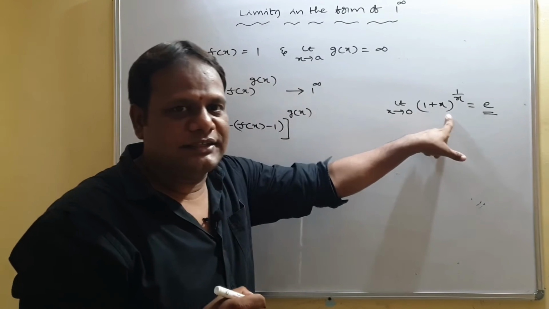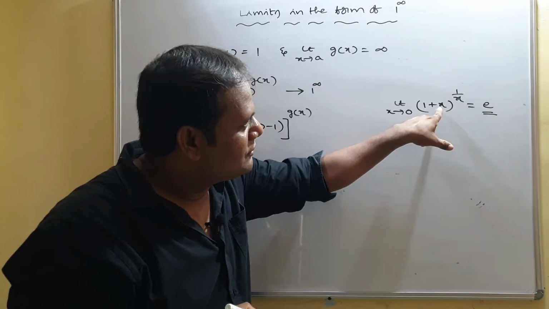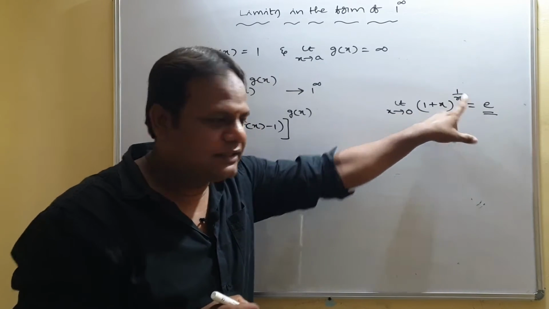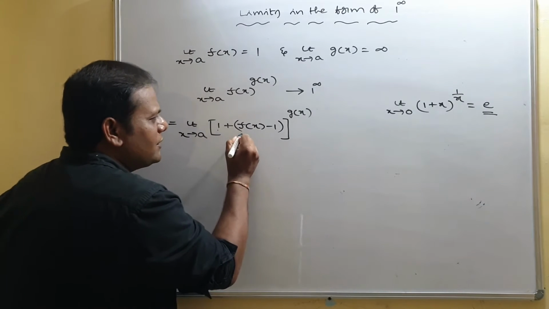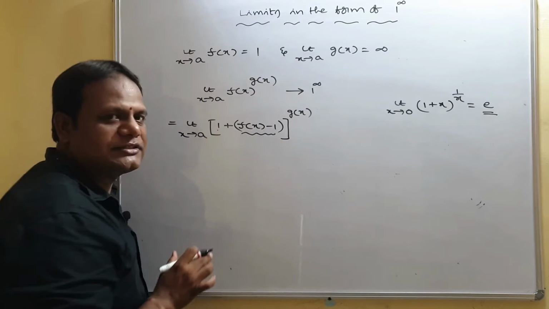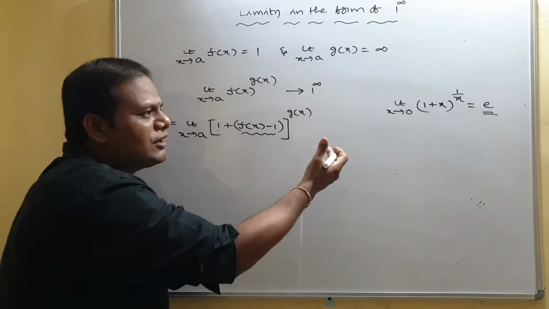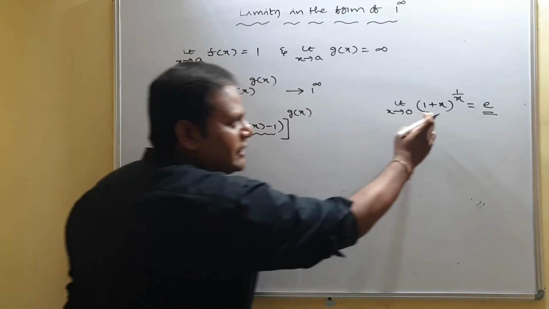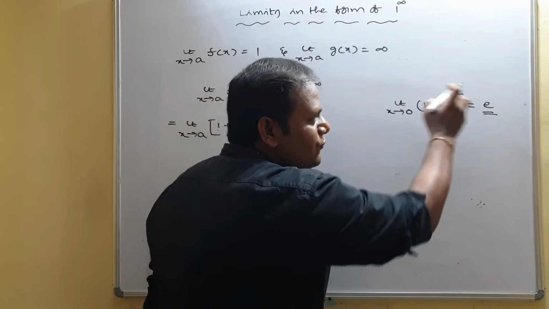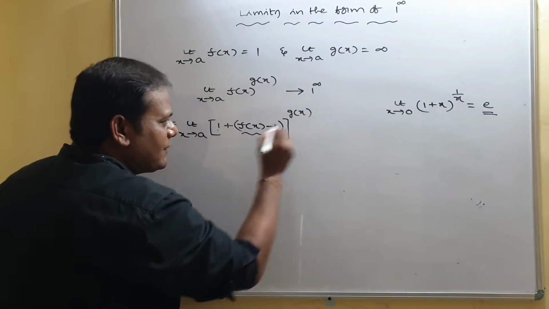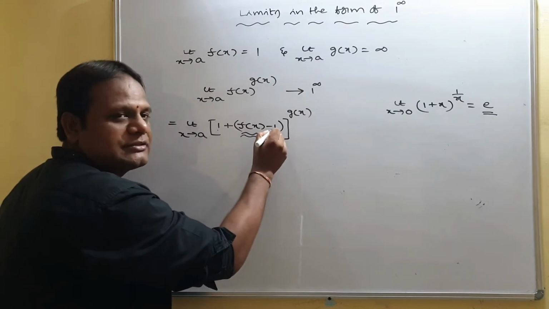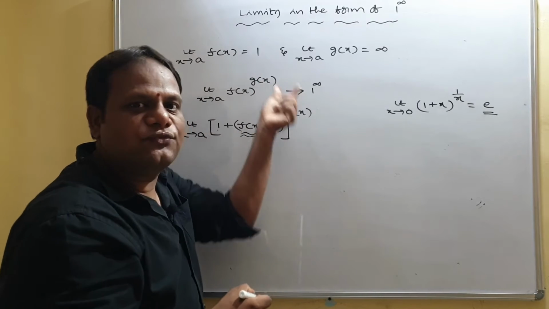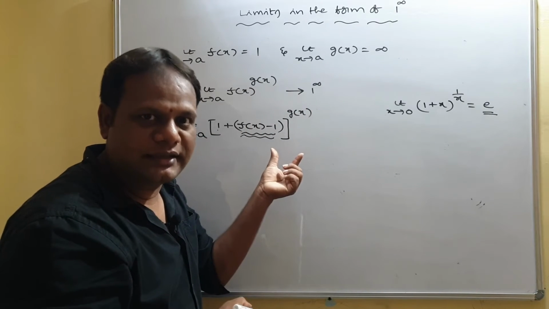To apply this result, we have x with power 1 by x. So after 1 here we have f of x minus 1, and in the power we want its reciprocal. In place of x we have f of x minus 1, so in the power we want 1 by f of x minus 1.